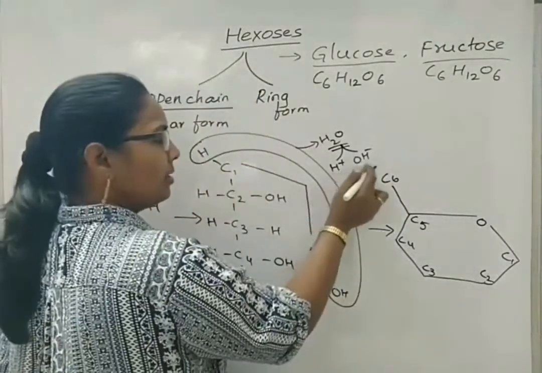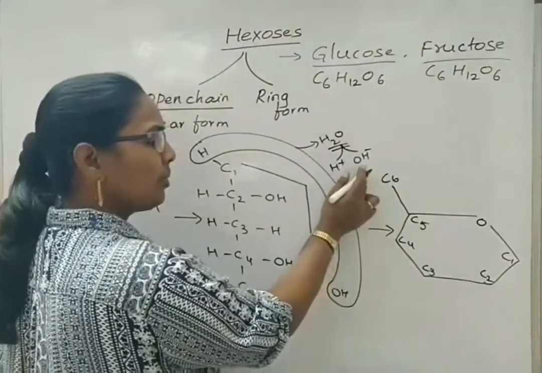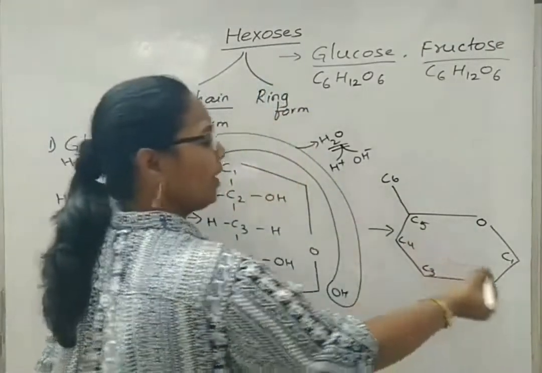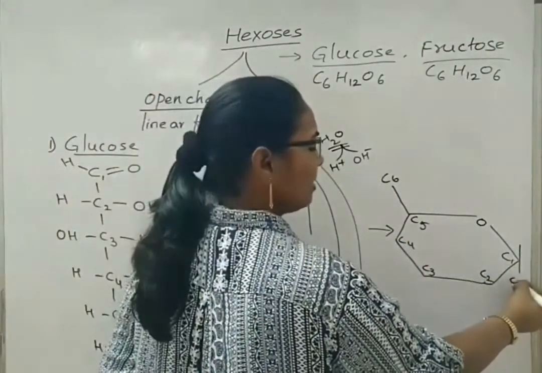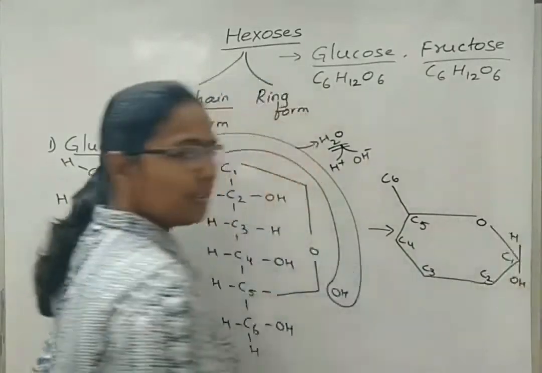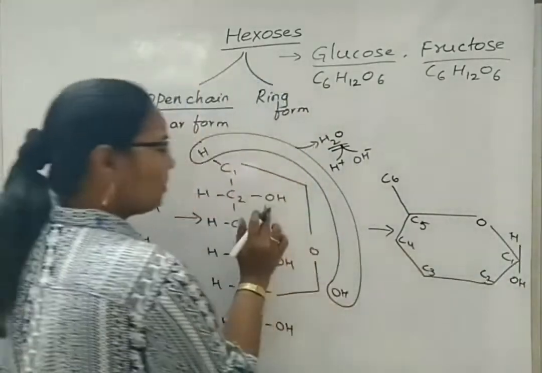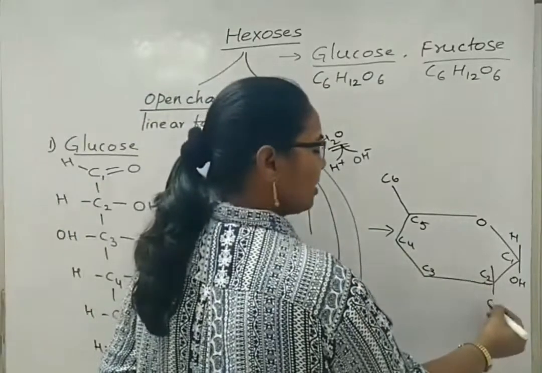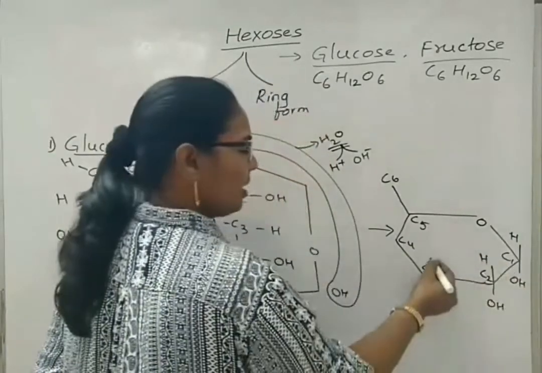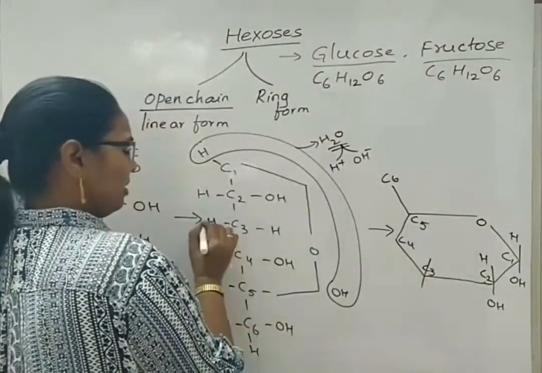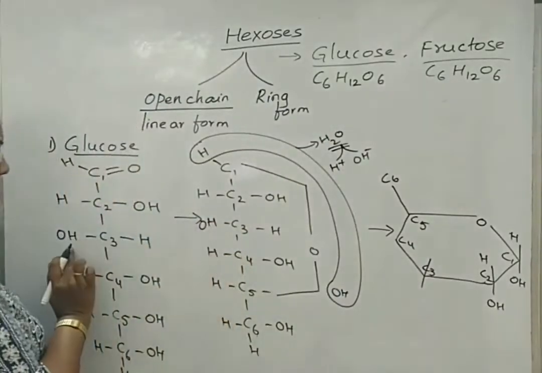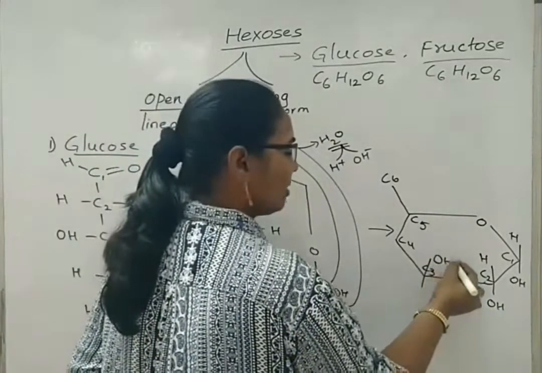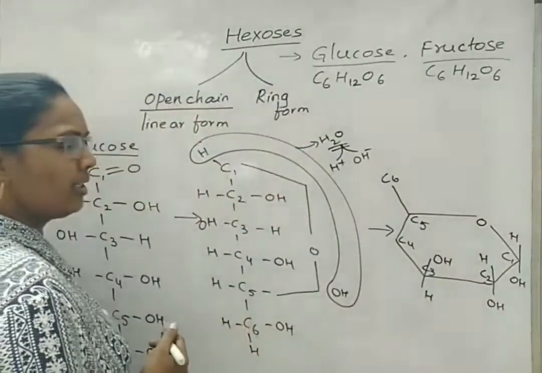Now the dissociated H plus and OH minus ions will again be attached at the carbon 1 position like this, and at the carbon 2 position there is OH and H. At the carbon 3 position, OH is on the other side, so I am writing OH here and hydrogen here.